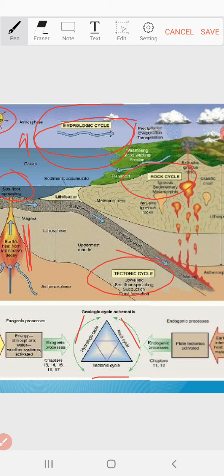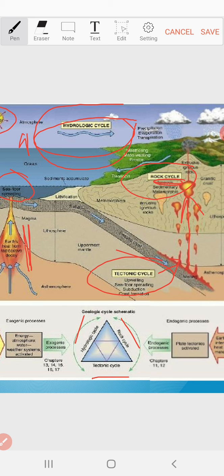The rock cycle is again connected with the tectonic cycle. Why? Because due to the tectonic cycle, the endogenic forces lead to the ejection of molten material to the crustal part, to form the primary rock, that is the igneous rock. After it is formed, the igneous rock is considered a parent rock.